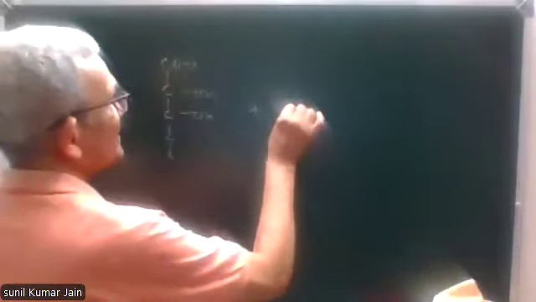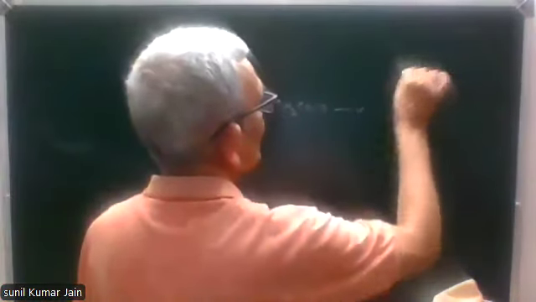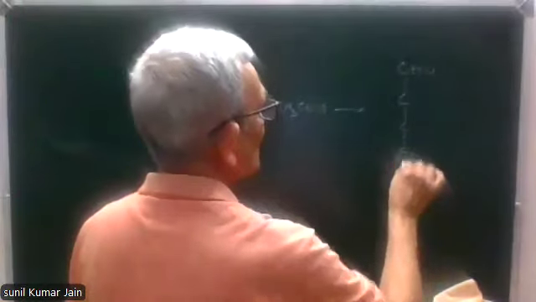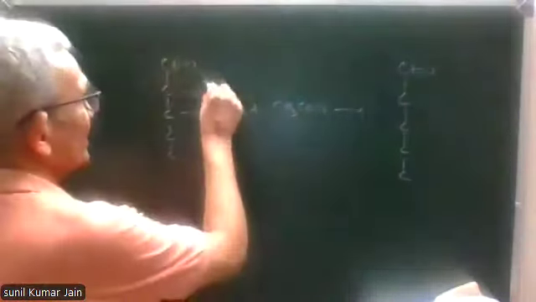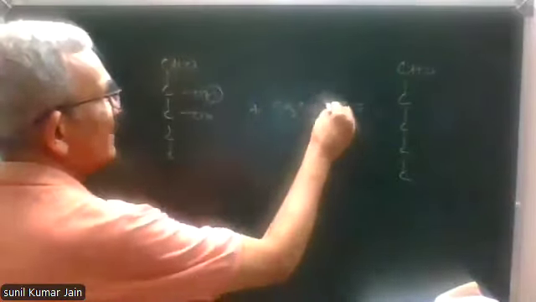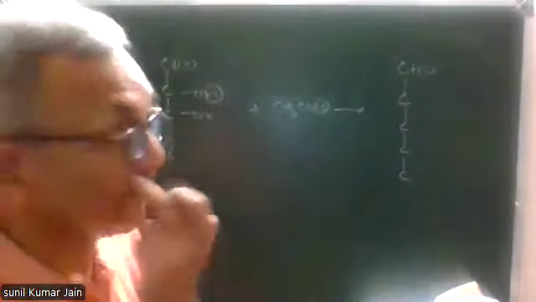Gives C13H18O9 on reaction with acetyl chloride. Identify A. Now this on reaction with acetyl chloride. See, if there is one OH group, then H and Cl will be eliminated as HCl. This is esterification.